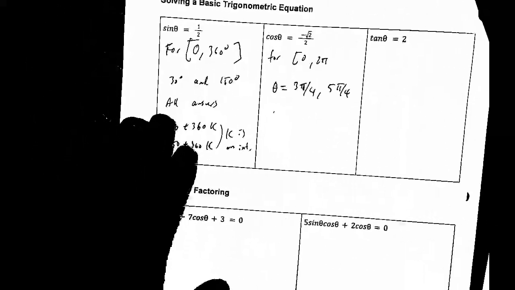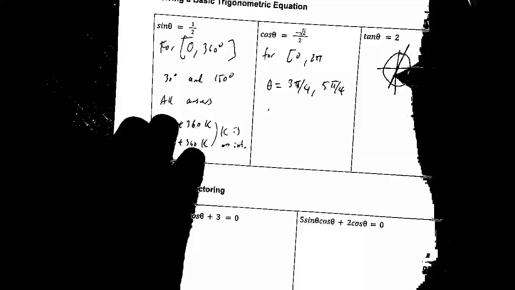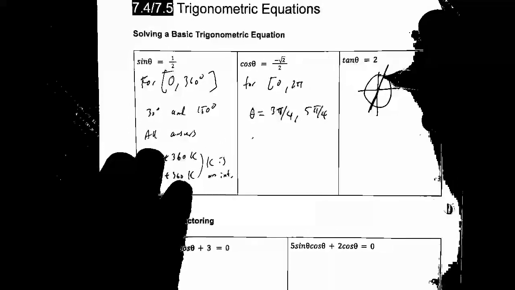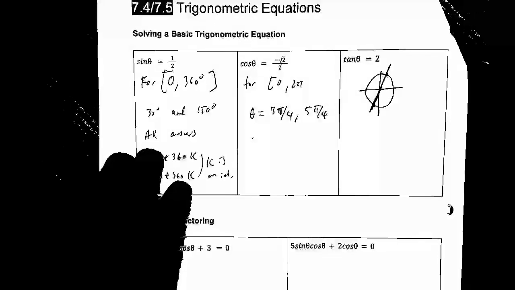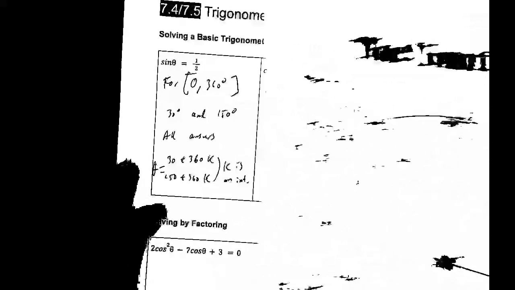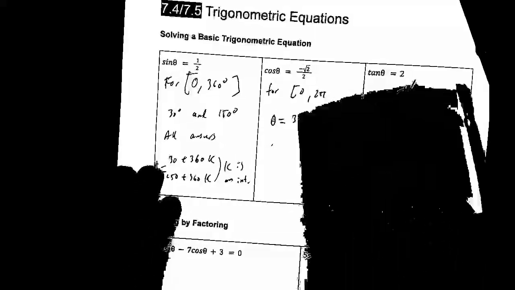But for tangent, that's a slope. So it's basically saying for what values does a line with slope 2 intersect the circle here and here? That's the question. And that's not on our unit circle, so that's something we would find using the calculator.